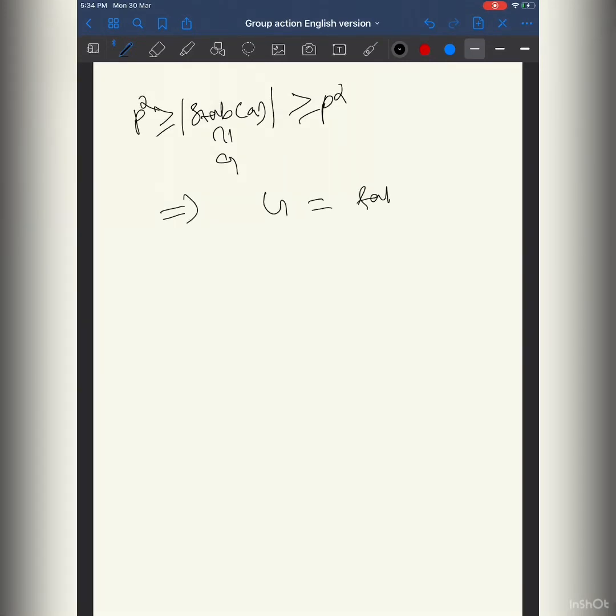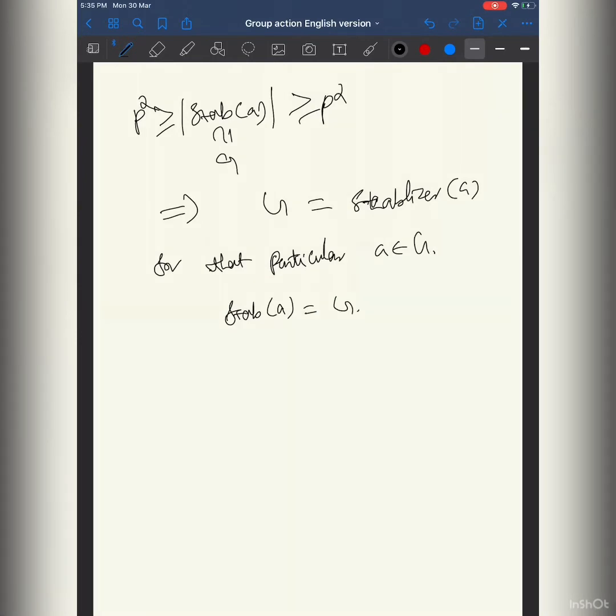That implies G must equal the stabilizer of A. So for that particular A belongs to X, the stabilizer of A equals G itself.